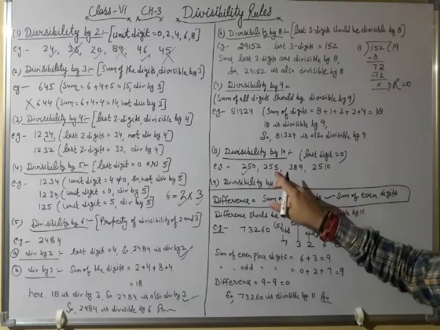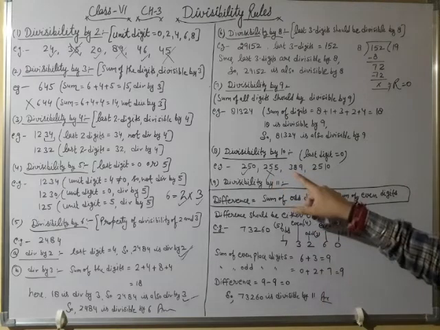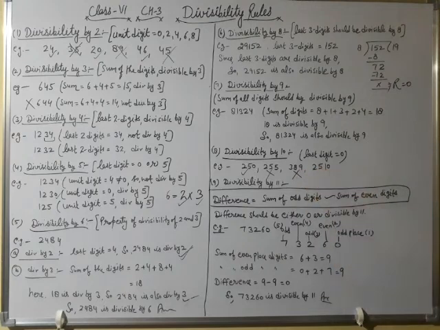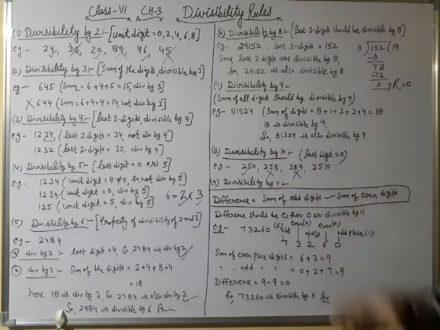The last digit is 5 in 255, so it is not divisible by 10. 389, last digit is 9, therefore it is not divisible by 10. And 2510, last digit is 0. If the last digit is equal to 0 then the number is divisible by 10. So 2510 is divisible by 10.